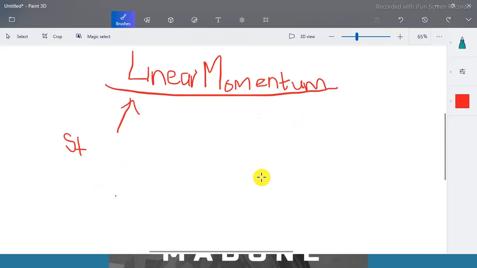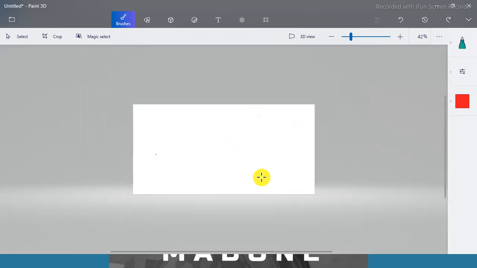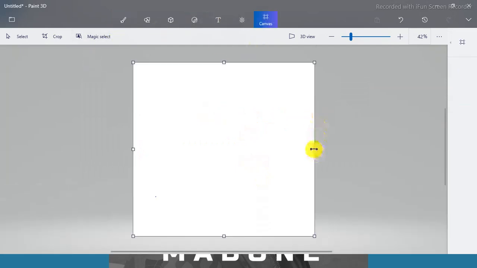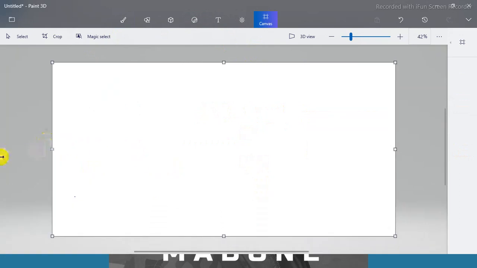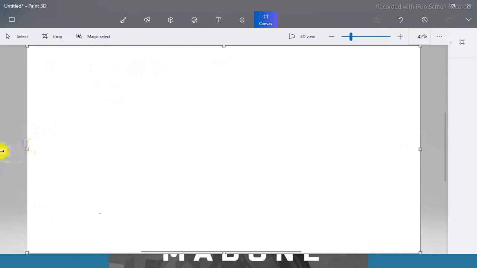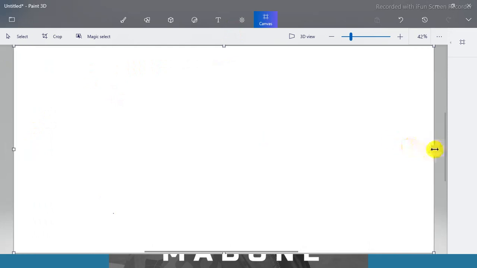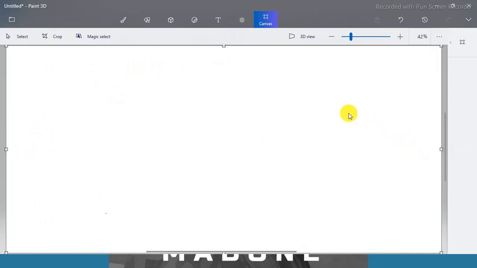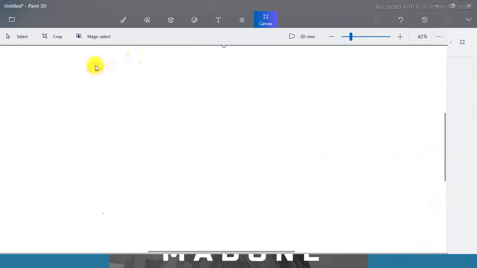There is a law, oh my bad, let me just rewrite this again. There is a law in physics called conservation of linear momentum. They usually ask this question during June exams, prelims, even finals. It's always there, so I'm just going to touch on that briefly.